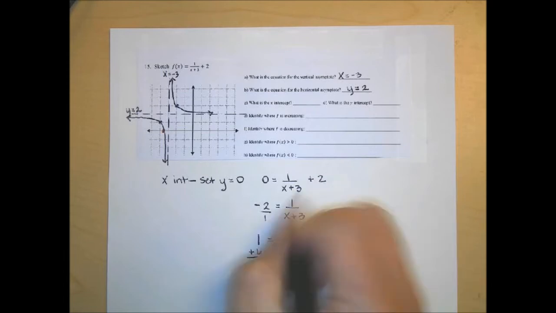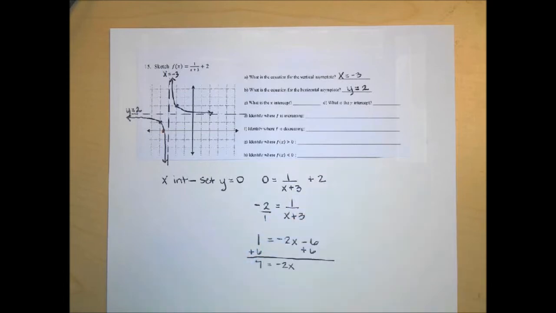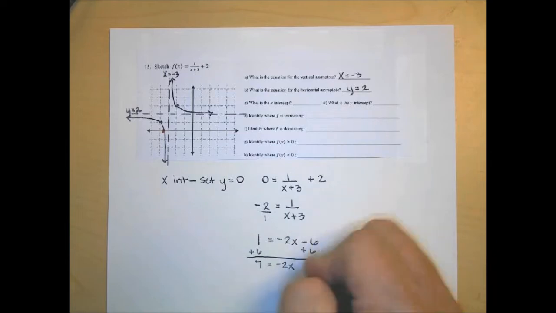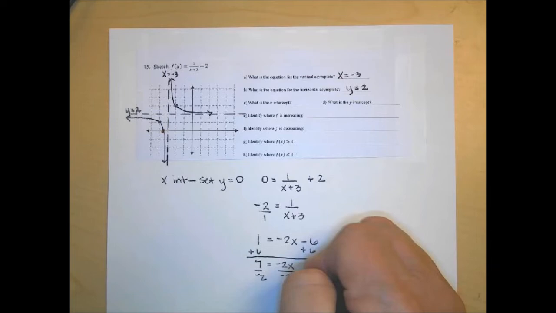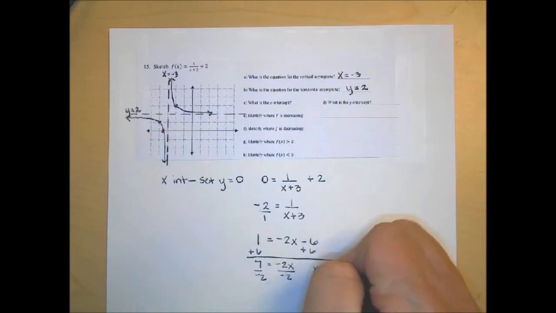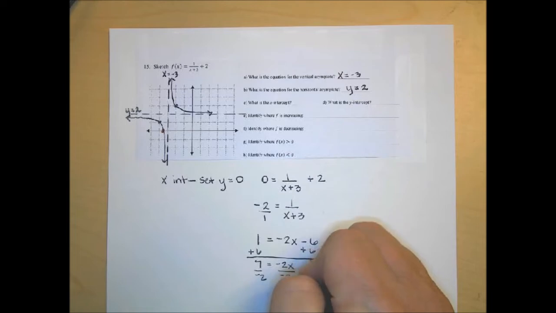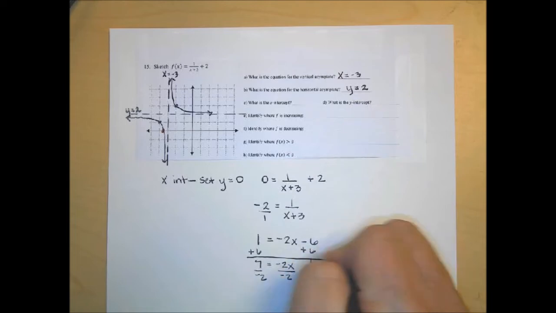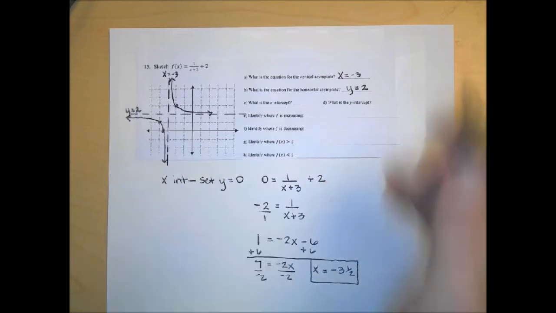So now I've got 7 equals negative 2x. I'm going to divide both sides by negative 2. And I'm going to get x equals negative 3 1/2. And that is going to be my x-intercept. X equals negative 3 1/2. That's that point right there.